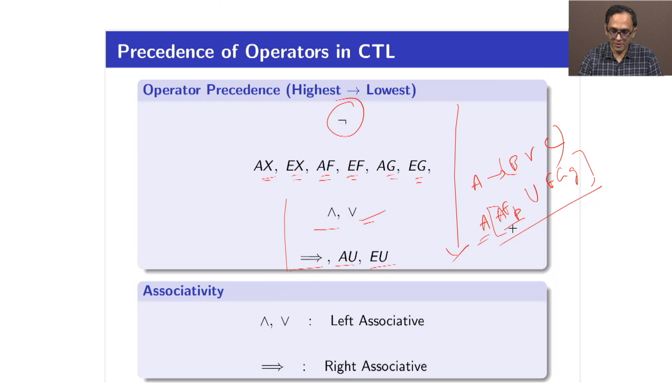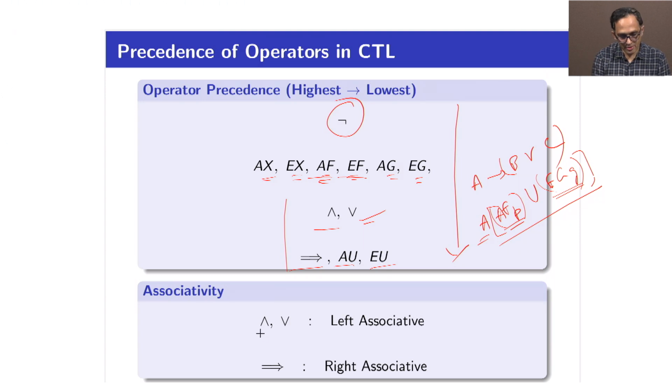So, AF p is a valid CTL property, EG q is a valid CTL property, and their until is also valid. Now, because AF has higher priority, it effectively means this until this, and then this parenthesis. Ideally we use parentheses to avoid all this confusion, but if you do not use them, this will be the precedence.